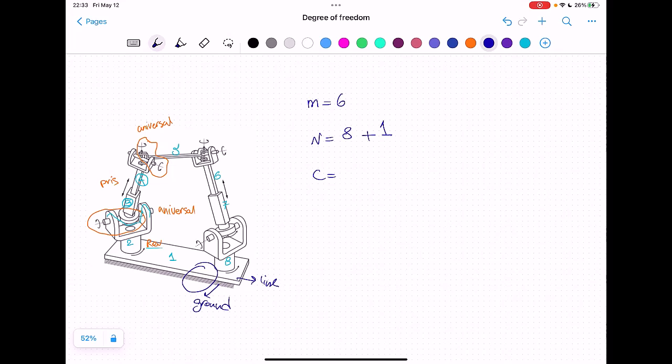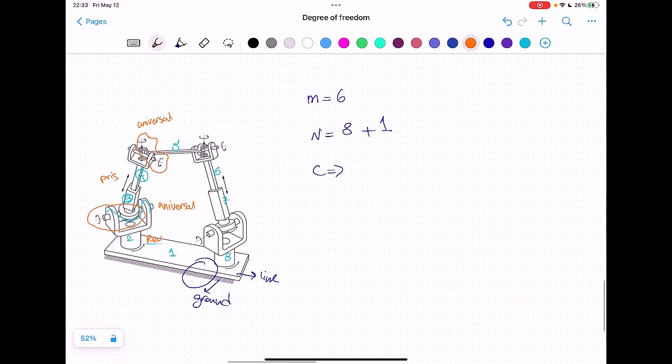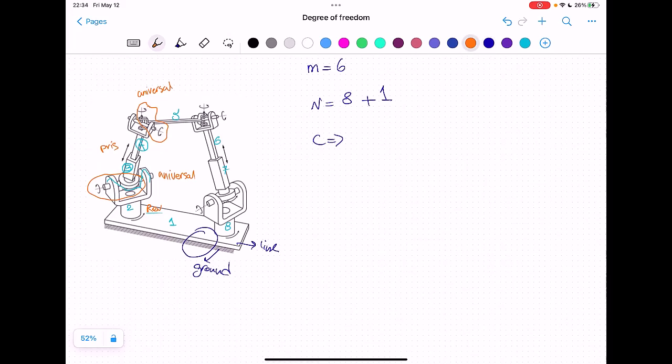Therefore, we consider the ground as a part of our mechanism, and we have already included it earlier in our analysis. So in the next step, we write our type of joints. We have 2 revolute, 4 universal, and we have 2 prismatic joints.